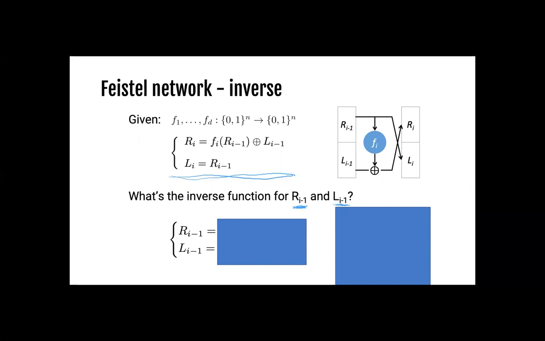Right? Peter's first part is right. Ri minus 1 is equal to Li. And what about Li minus 1? Okay, Dean's answer is closer. Li minus 1 is equal to Fi of Li XOR Ri.